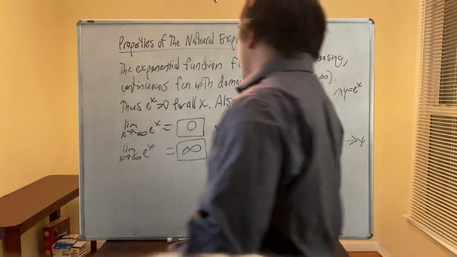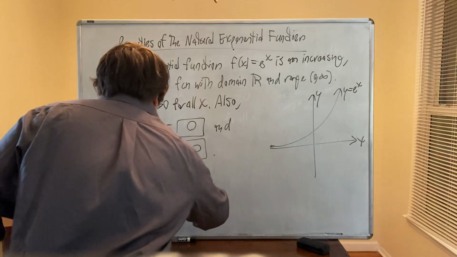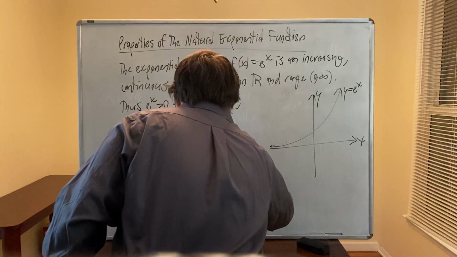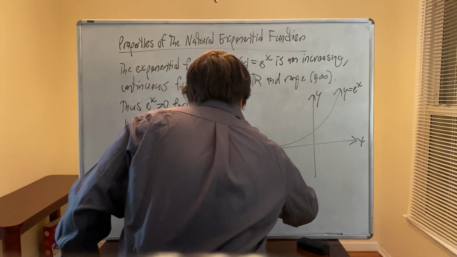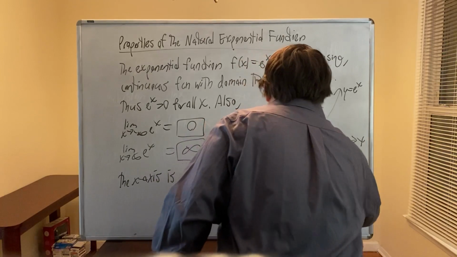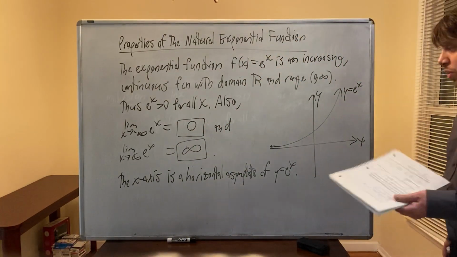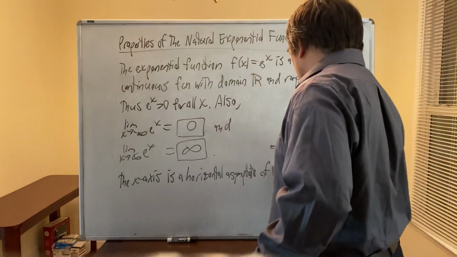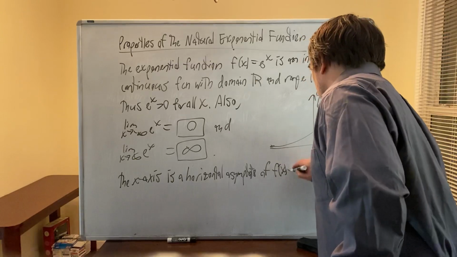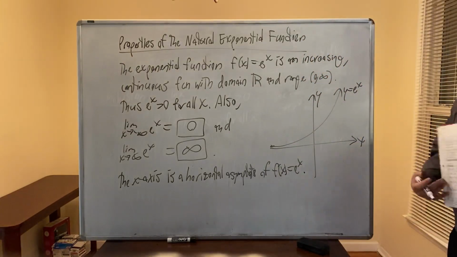The x-axis is a horizontal asymptote of y equals e to the x, or f of x equals e to the x.